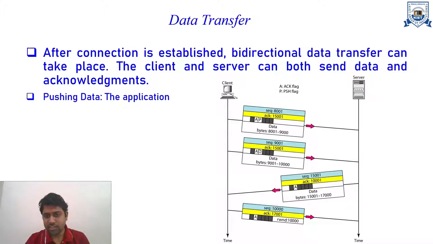Because both segments have the push bit set to 1, it shows that whenever you have data, it doesn't matter how small the size is. Whatever you get from the top layer, just transmit it. Now in the second segment the sequence number is 9001, because we have already transmitted the data from 8001 to 9000.